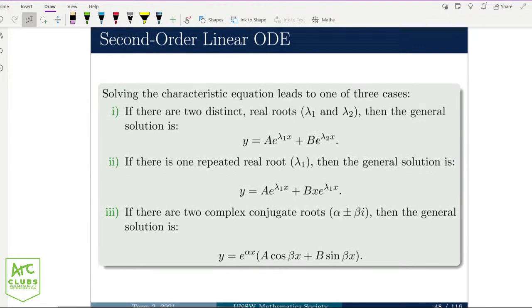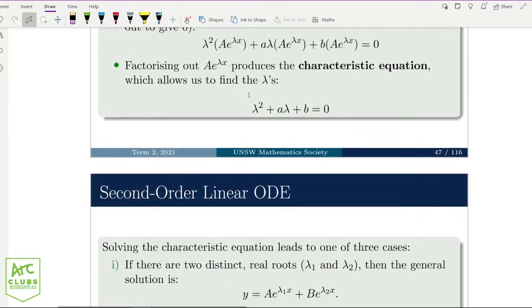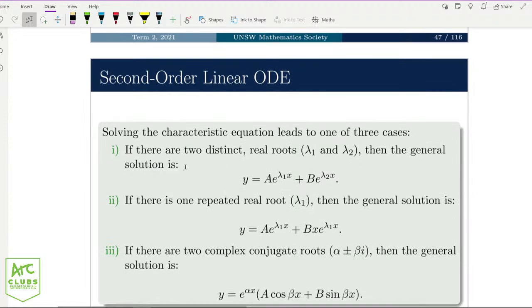So with our second order linear ODEs, specifically the homogeneous case, we have three particular cases. Remember our characteristic equation in terms of lambda is essentially just a quadratic. With quadratics, we know that we either have two distinct real roots, one repeated real root, or two complex conjugate roots.